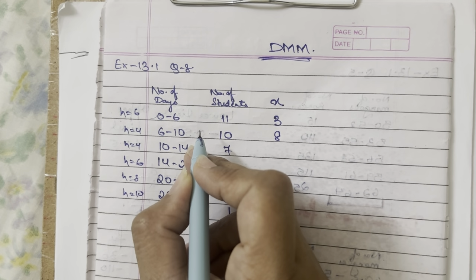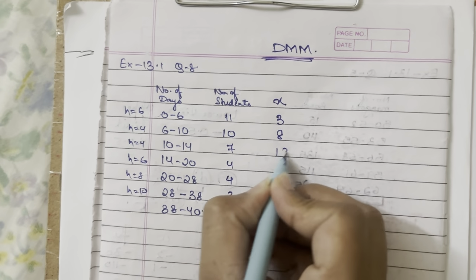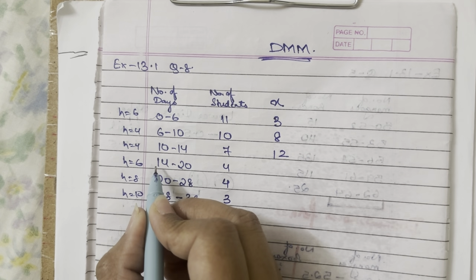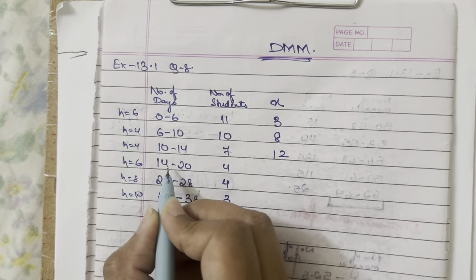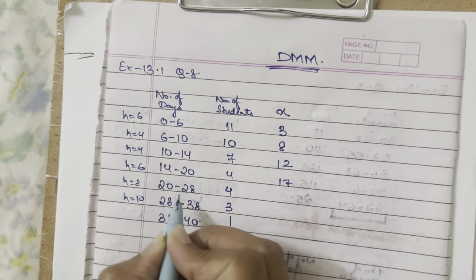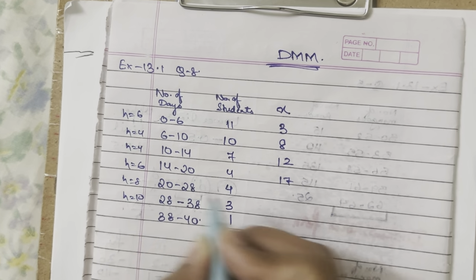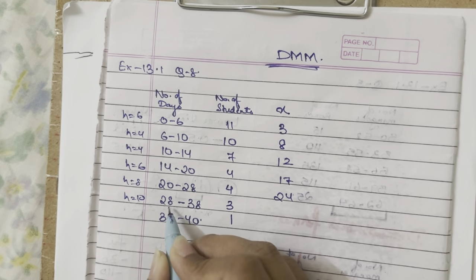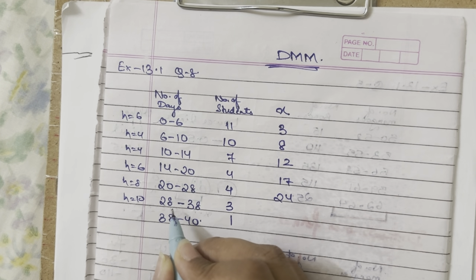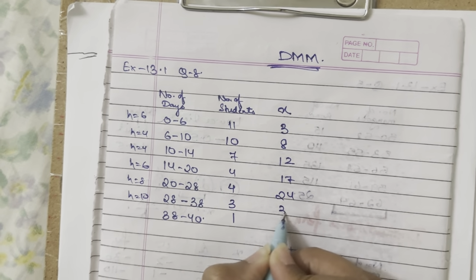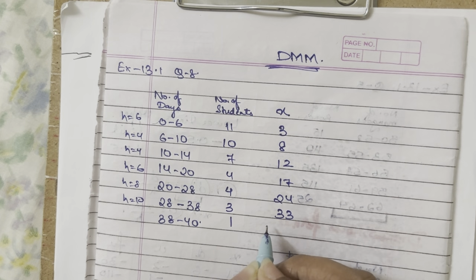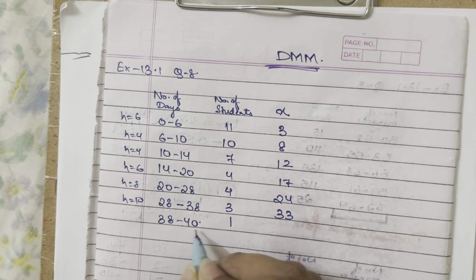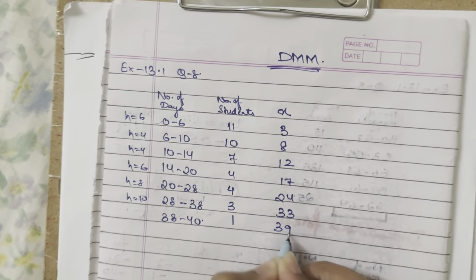Likewise, 24 over 2 becomes 12, then 34 over 2 is 17, 48 over 2 is 24, 66 over 2 is 33, and 78 over 2 is 39.